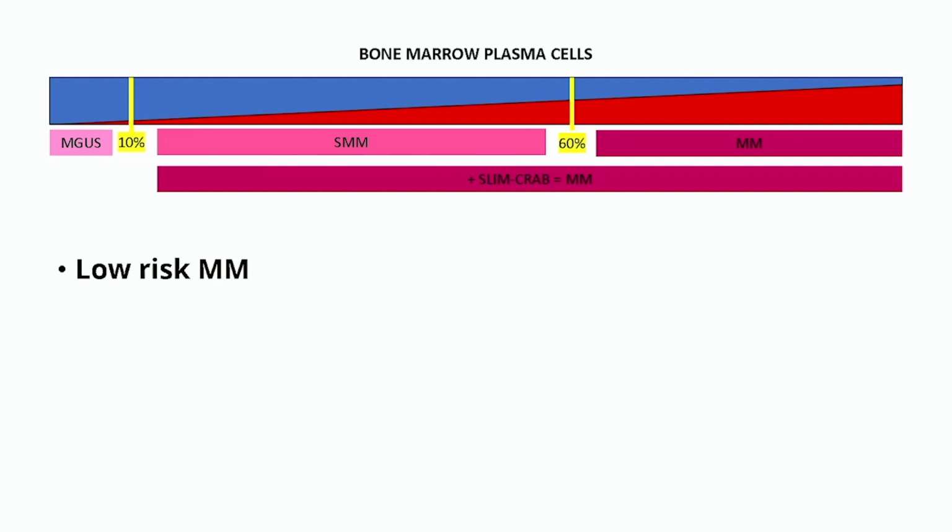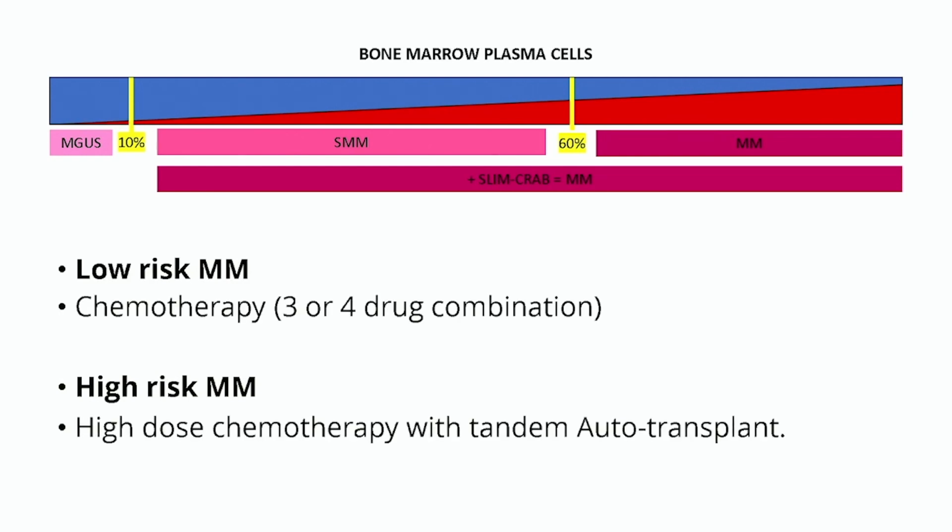But the risk stratification would dictate the type of treatment they are getting. Basically, multiple myeloma would be treated initially at least the same, based on their age and other criteria. But high-risk patients would show more benefit if they go with high-dose chemotherapy with tandem auto transplant or stem cell rescue.